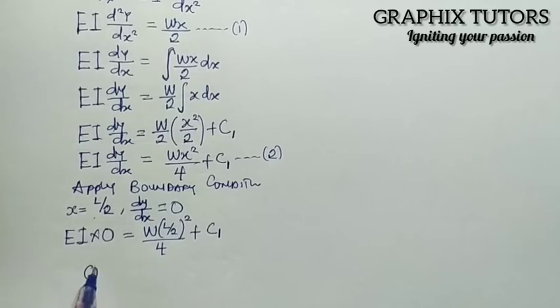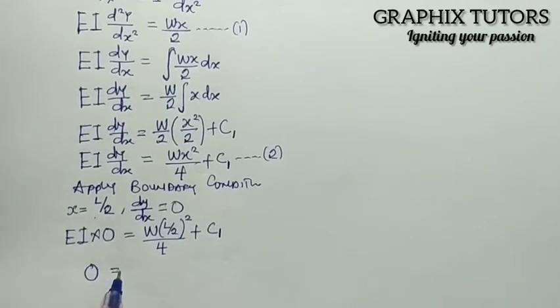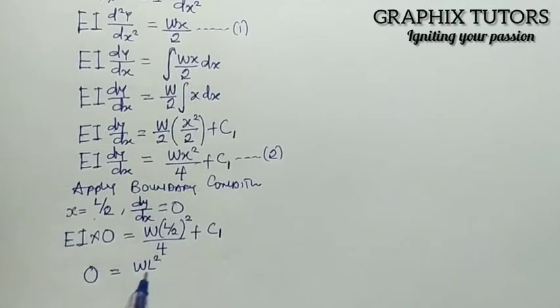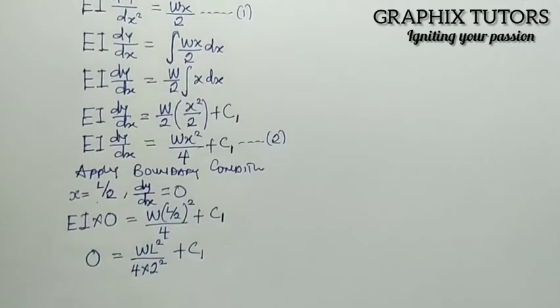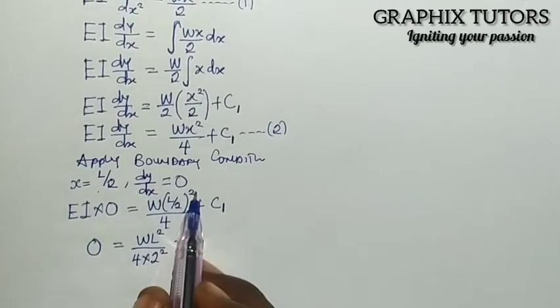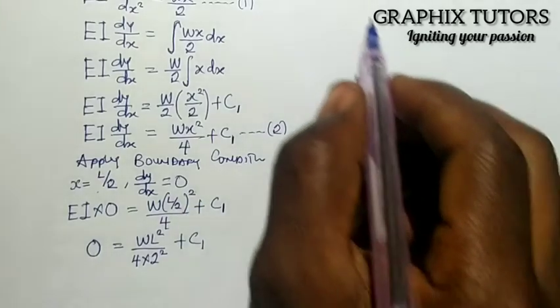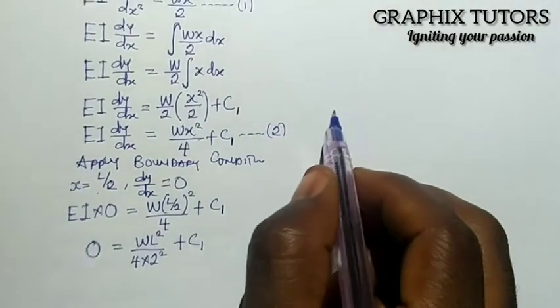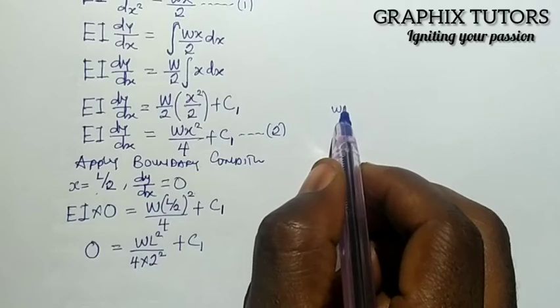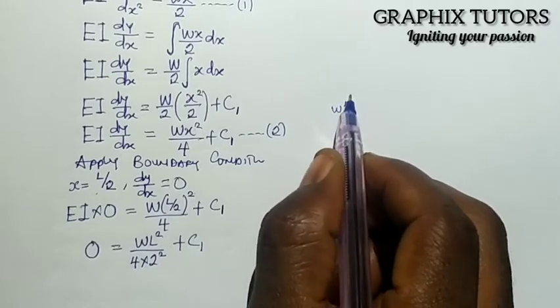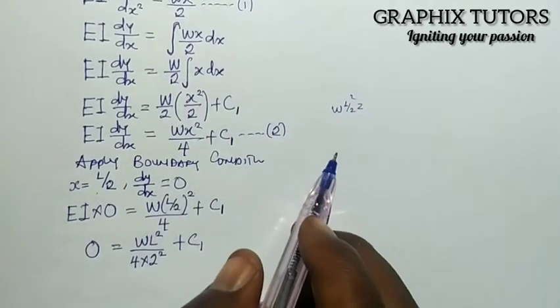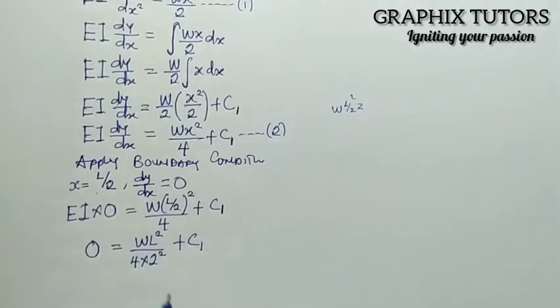So this will give me 0 equals WL squared over 4 times 2 squared, plus C1. Let's proceed.